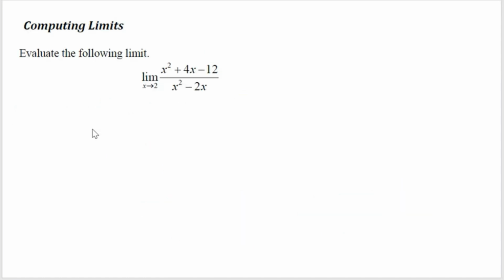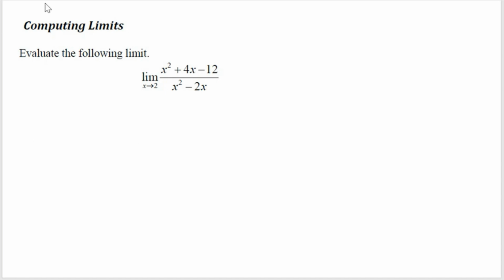Okay, so evaluate the following limit. So we're going to compute here the limit of x squared plus 4x minus 12 all over x squared minus 2x as x approaches 2. So in this case, class, if we're going to substitute the value of x equals 2, okay, let us try.